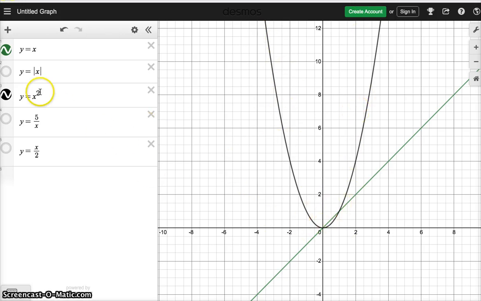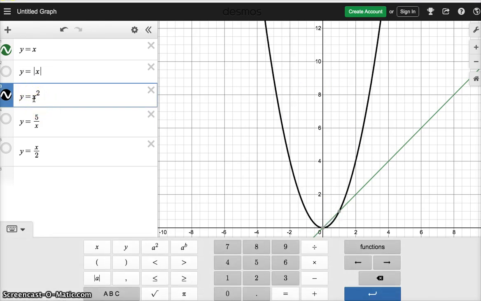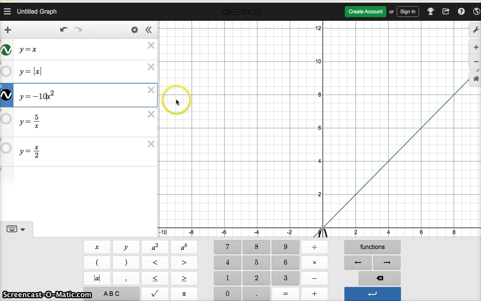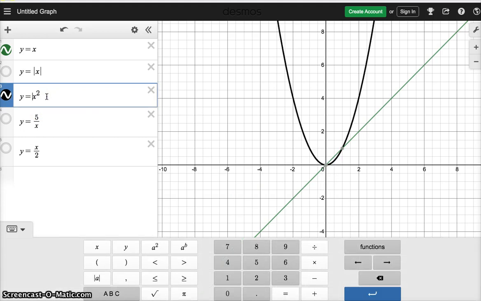And this happens anytime we have the x value squared, so it doesn't matter if we have a 3 in front of it or a -10 in front of it. If we have a negative number, look, it actually goes down to the other 2 quadrants. But we have this U-shaped item on the screen.